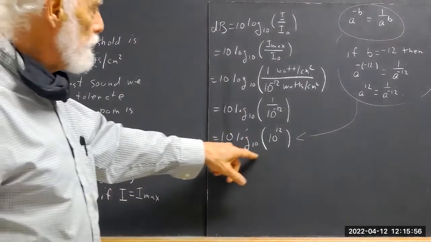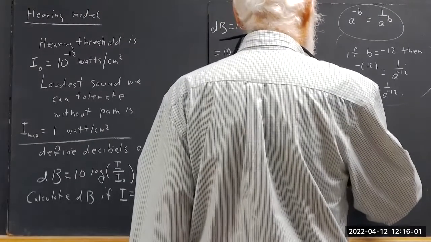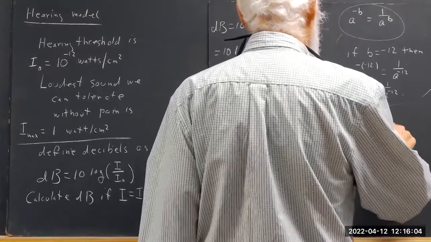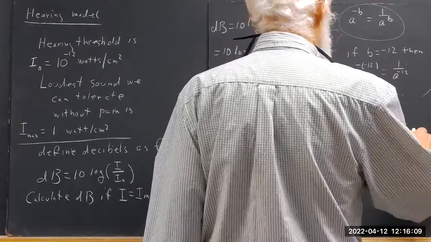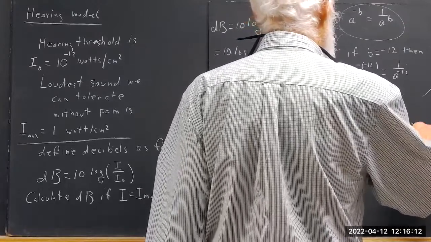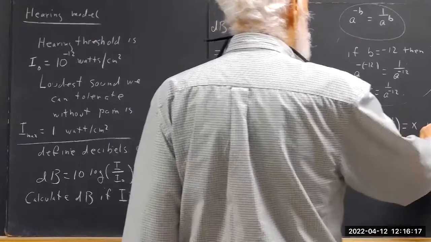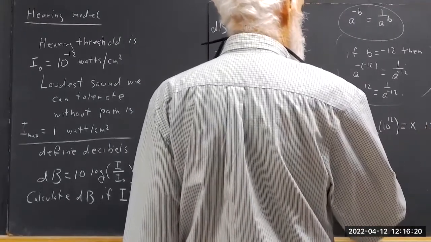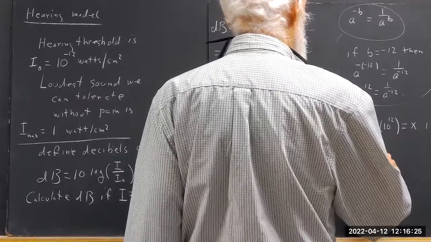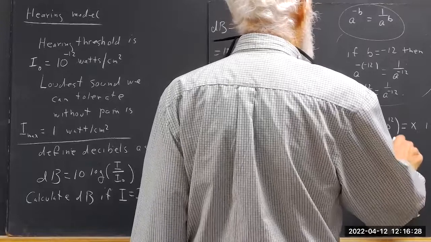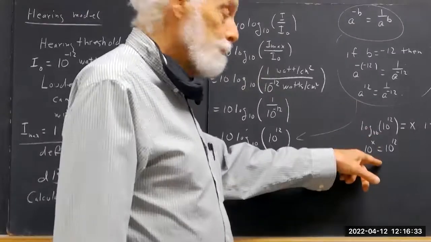Okay. Well, what's the base 10 log of 10 to the 12th? We can say log base 10 of 10 to the 12th equals x, if and only if 10 to the x equals 10 to the 12th, just using the rule that we started class with.